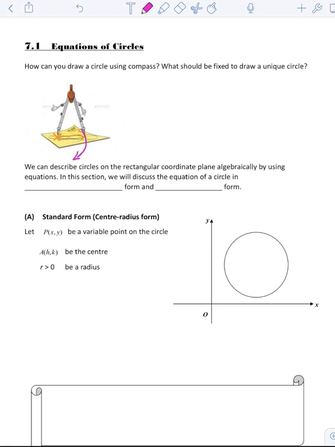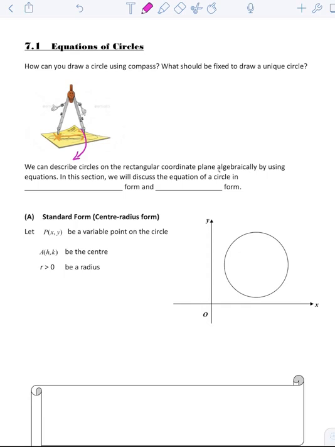The steps of drawing a circle using a compass can actually be used to find the equations of circles on the rectangular coordinate plane, like what we learned about finding the equation of a straight line in Form 4.